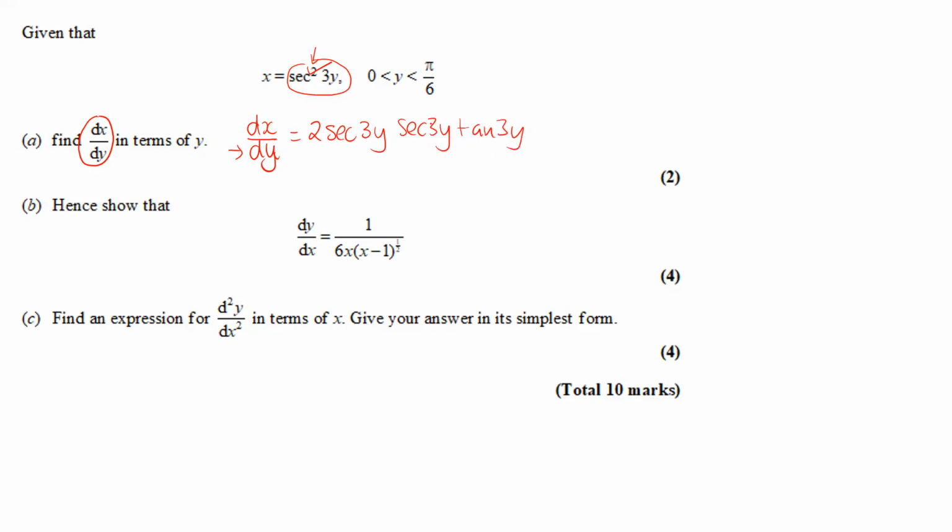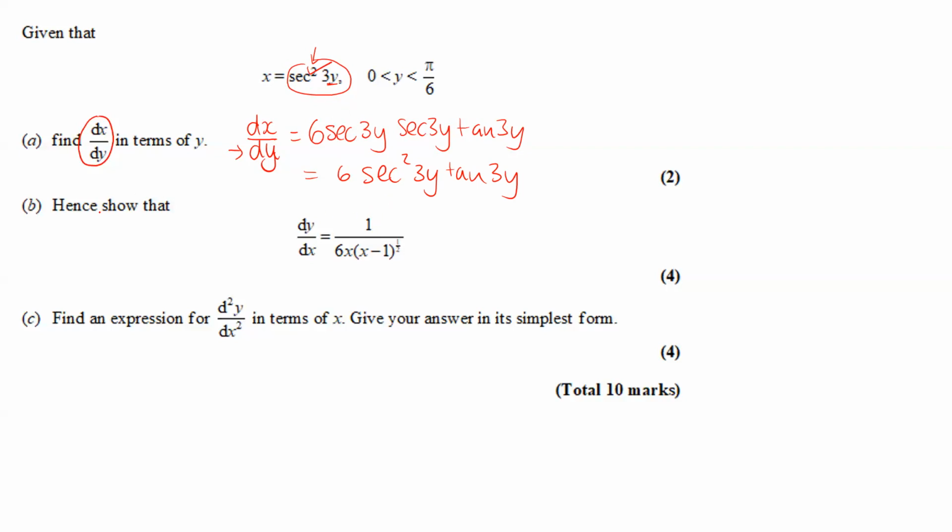And then finally, we would differentiate the one on the inside, which is the 3y, which would be times by 3. So we'd just change that on the front to a 6. So altogether, we have got 6 sec squared 3y tan 3y. So when you're doing sec, the powers of the sec stay the same.